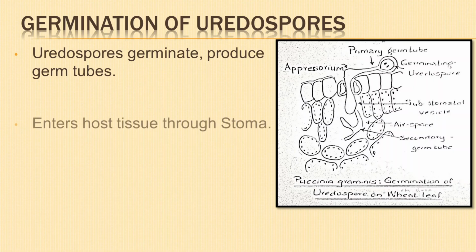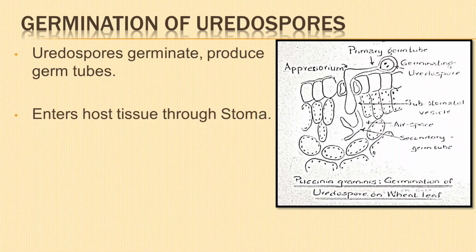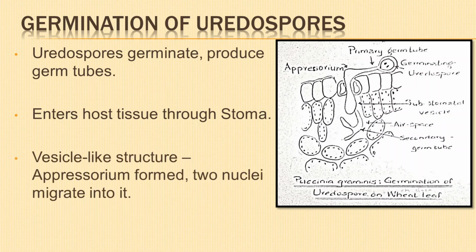The germ tube enters the host tissue through a stoma. The tip of the germ tube swells up and forms a vesicle-like structure called appressorium. The protoplasm, along with the 2 nuclei, migrate into the appressorium and gets cut off from the germ tube by a septum.